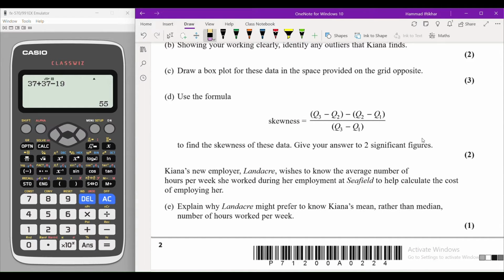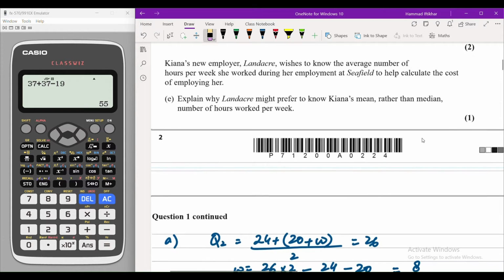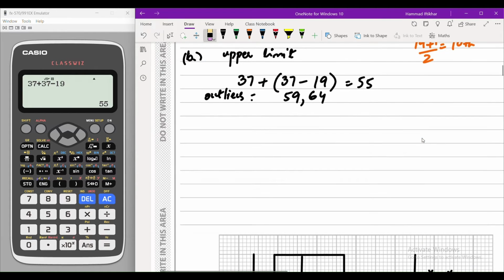Use the formula to find the skewness of the data. Q3 minus Q2, minus Q2 minus Q1, divided by Q3 minus Q1.